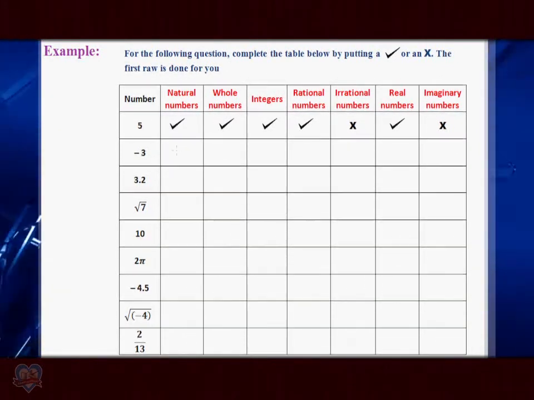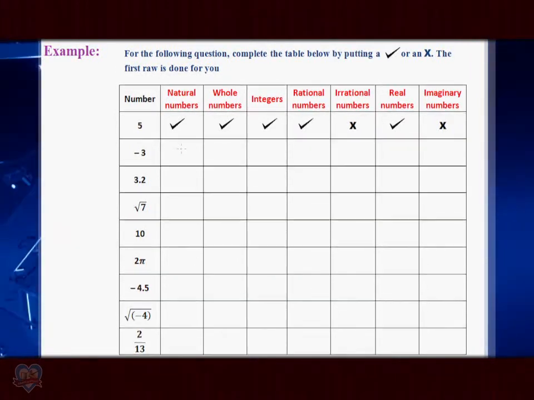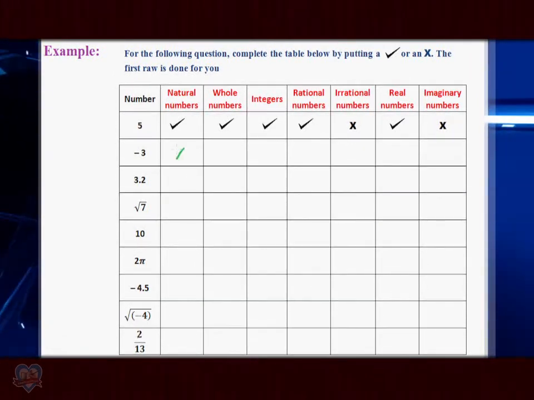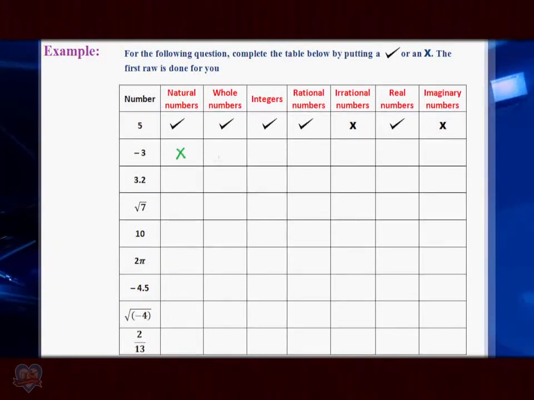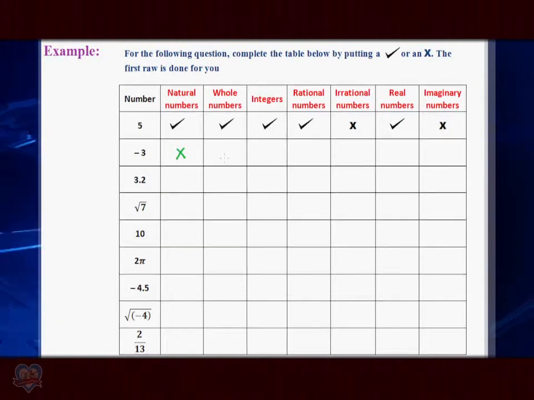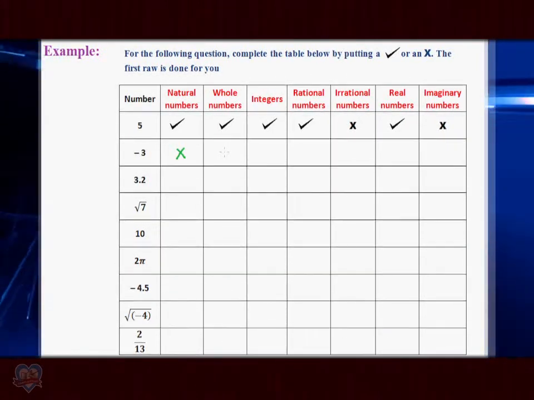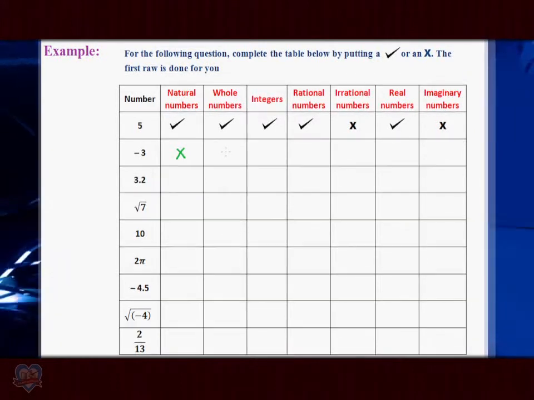Let's look at negative 3. Negative 3 is not a natural number because we do not use negative 3 for counting. So this is an X. It is not a whole number because whole numbers start from 0 going to the positive side up to positive infinity.